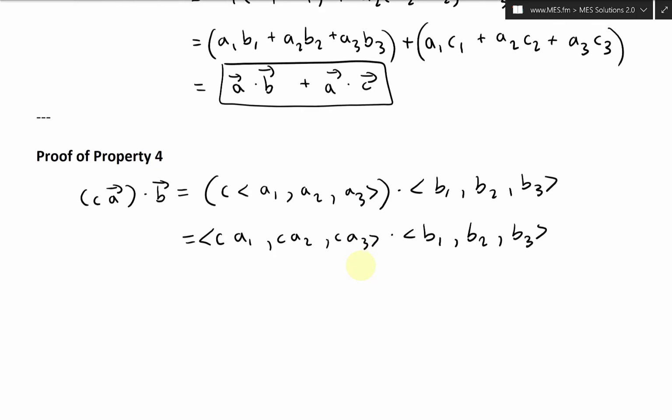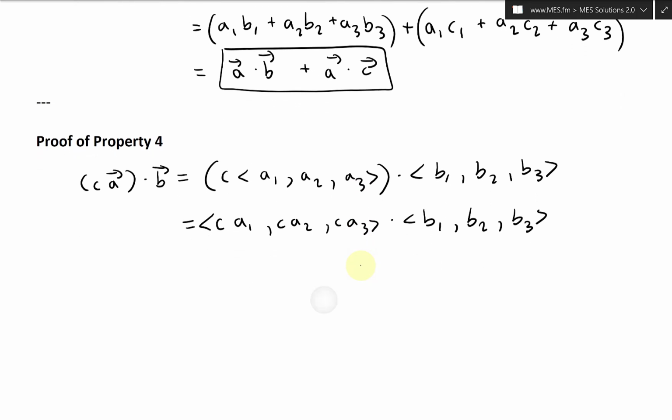Now we do the dot product definition: cA1 times B1, plus cA2 times B2, plus cA3 times B3.